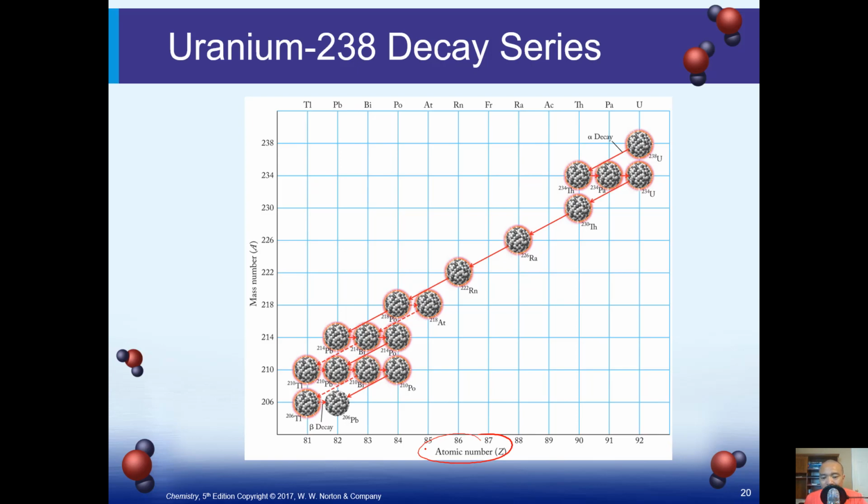After a series of decays, it eventually reaches the most stable nucleus, lead-206. All in all, uranium-238 and its product radionuclides will undergo a total of 8 alpha emissions and 6 beta emissions before achieving the stable nucleus, lead-206.